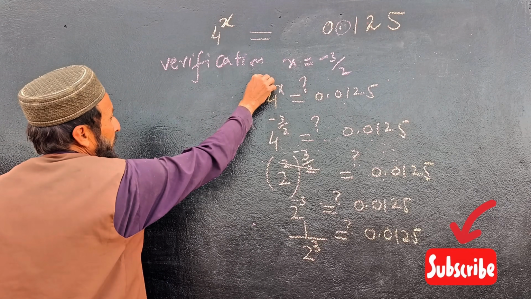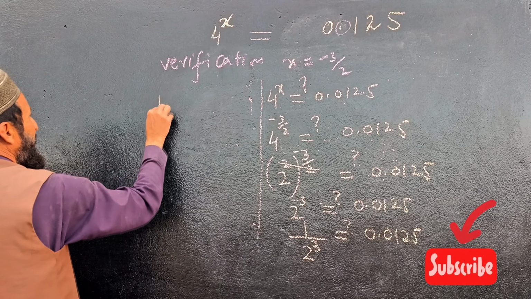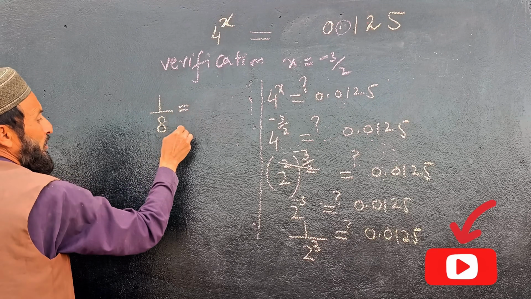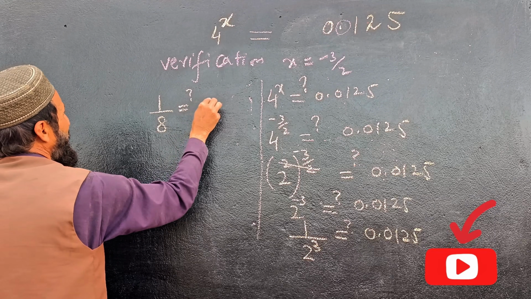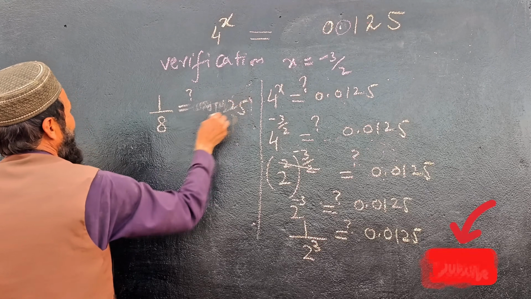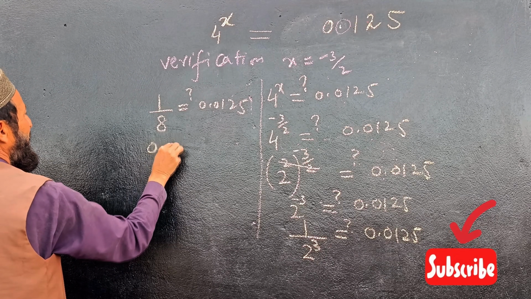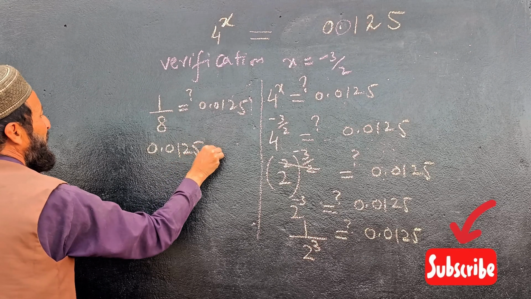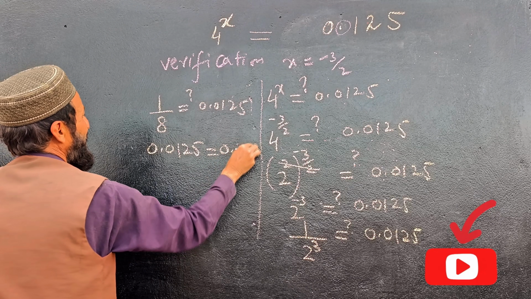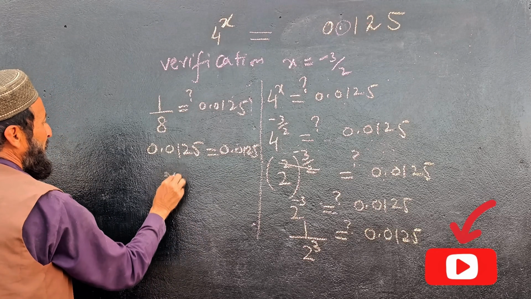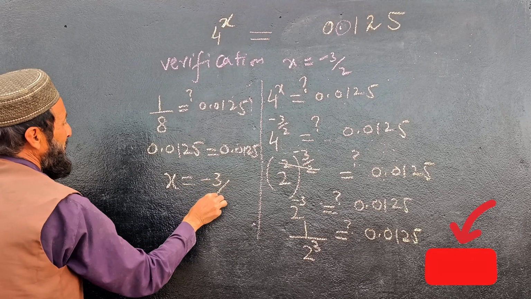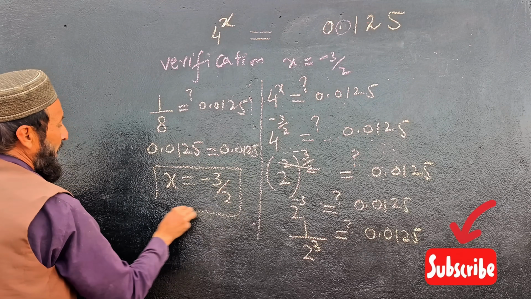So 1 by 8 is equal to question mark, 0.125. If we divide this result, we get 0.125, both are equal. So our solution x is equal to minus 3 by 2 is the correct answer.